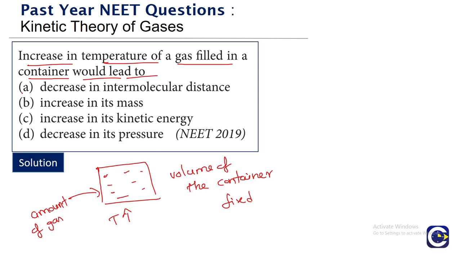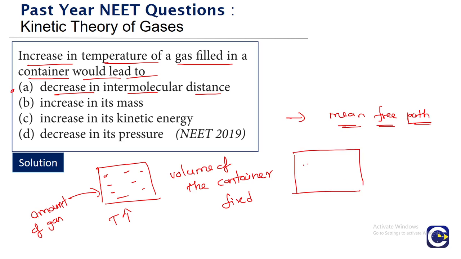So here we will have to go through each of these options and check whether they are the suitable condition or not. Option A is decrease in the intermolecular distance. Some people will confuse this with the mean free path. Mean free path is different: it is the average distance between 2 successive collisions. Intermolecular distance is a very generic term.